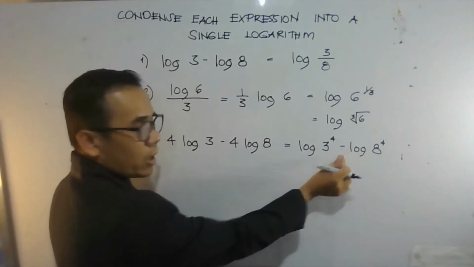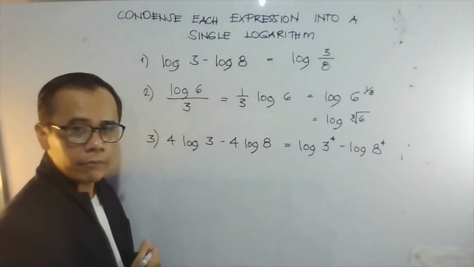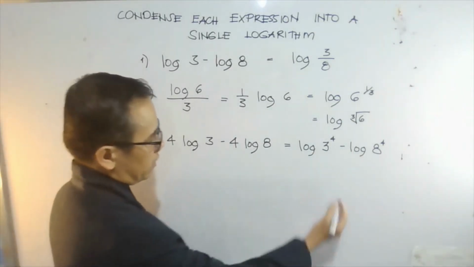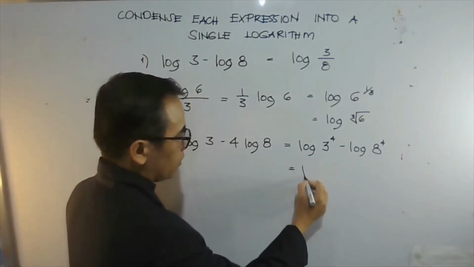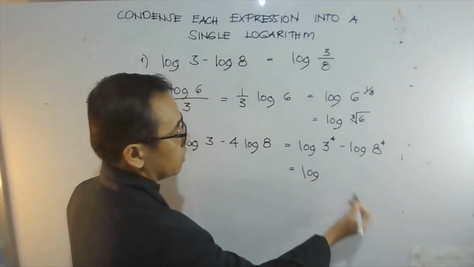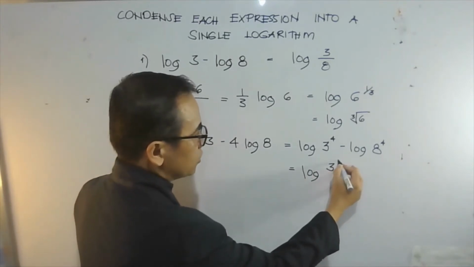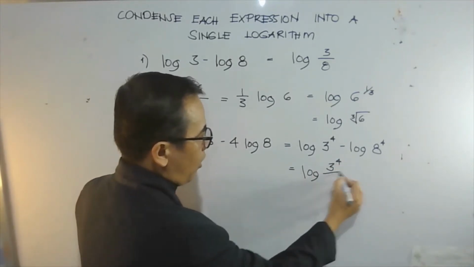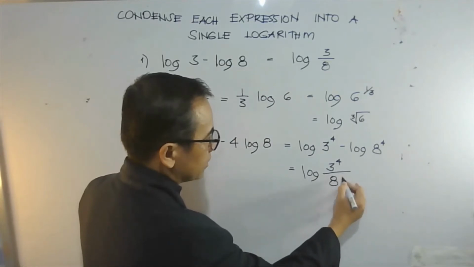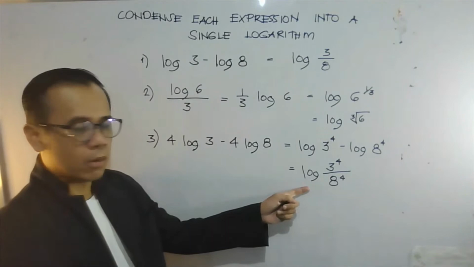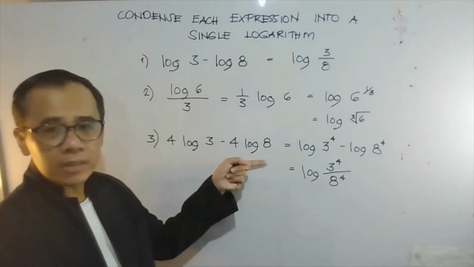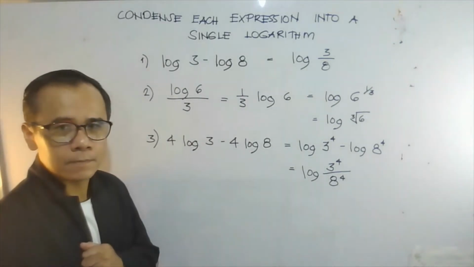Since this is subtraction, we can apply the quotient rule. So it is now equal to the log of 3 to the 4th over 8 to the 4th. So we now have a single logarithm coming from this expression.